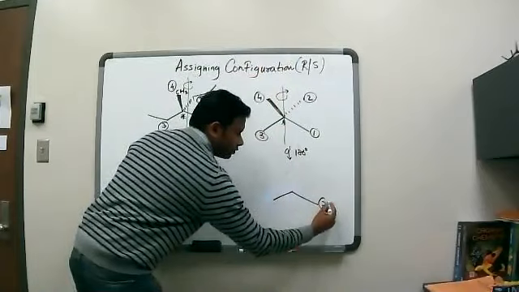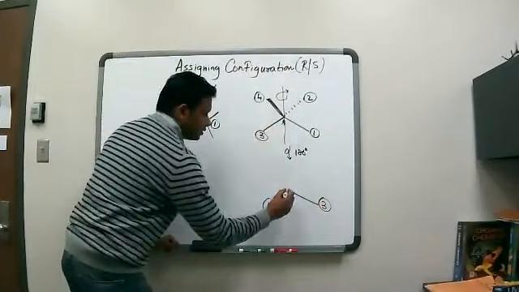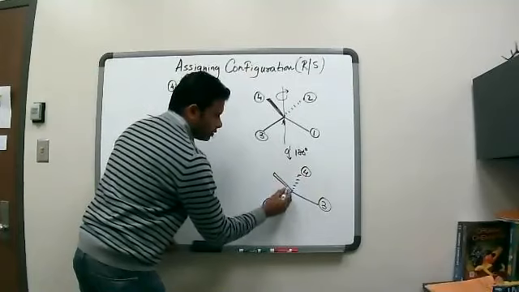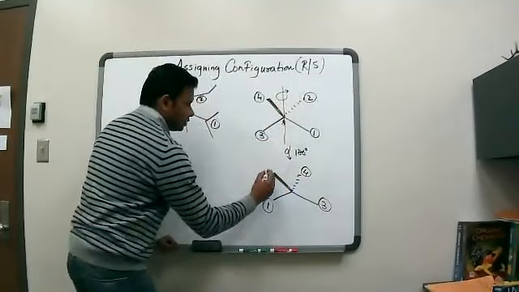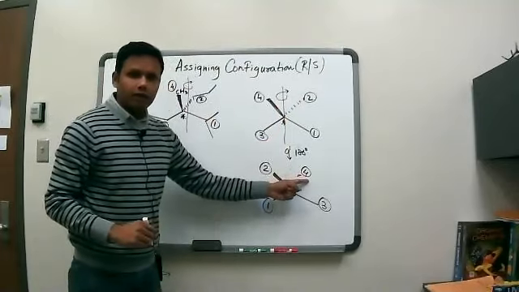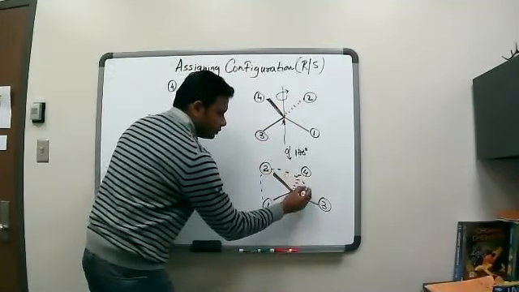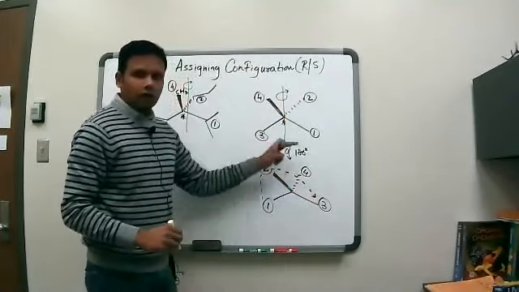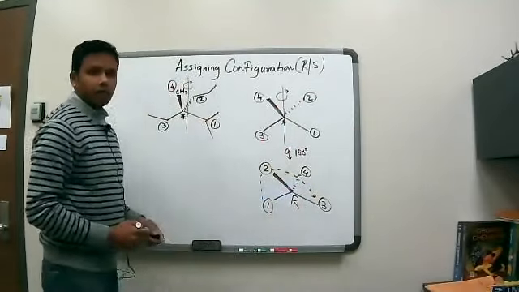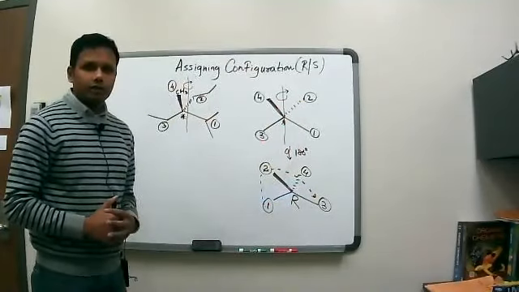We have 3 over here, 1 here, 4, which was on the wedge, now ends up on the dash, and 2, which was on the dash, is now on the wedge. Now that I've put the lowest priority group away from me, going from 1 to 2 to 3 is a clockwise rotation, and so the configuration around that center is R.